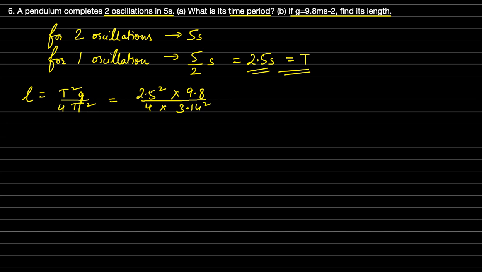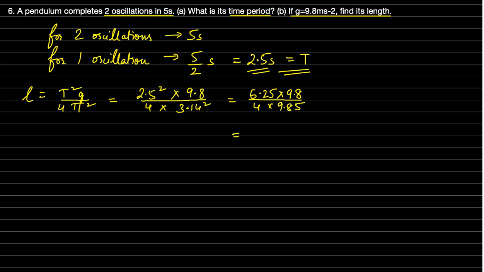So 2.5 square is 6.25 into 9.8 divided by 4 into 3.14 square is 9.85. Now 9.85 into 4 gives us 39.4.